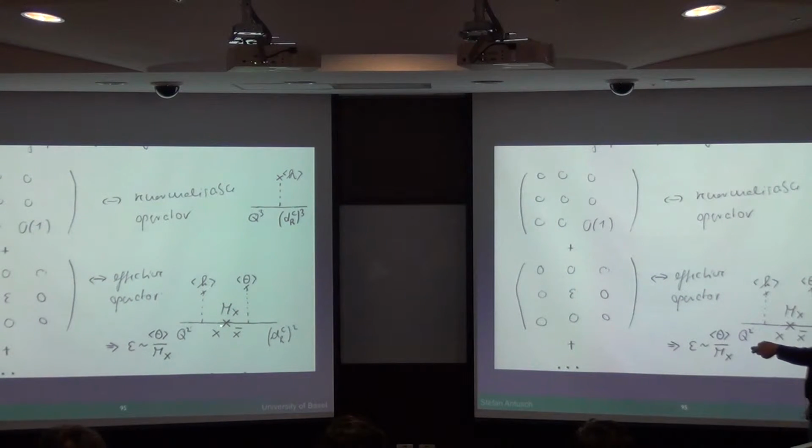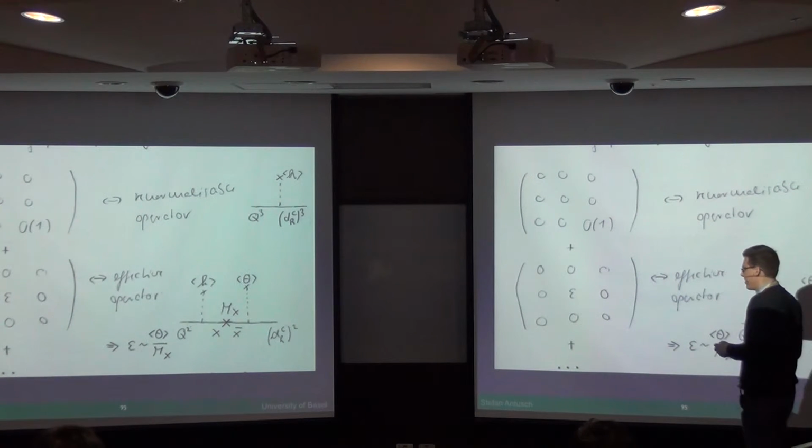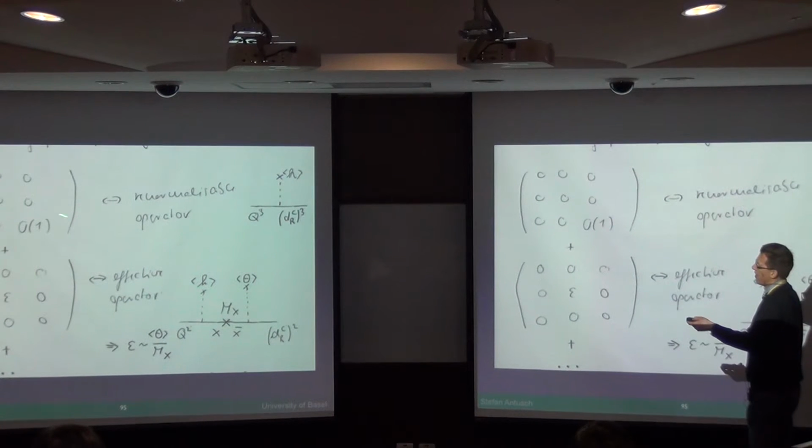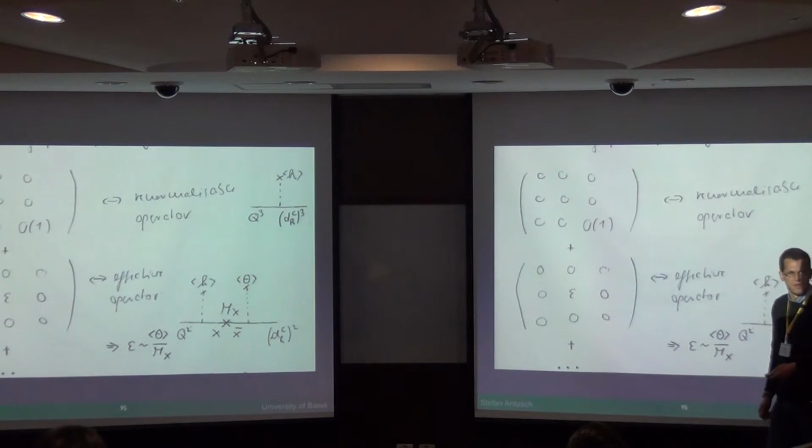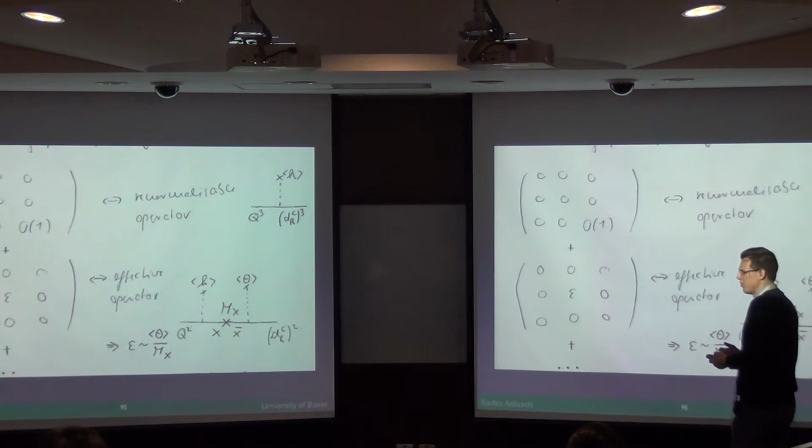So you're getting some entry here in a position which is smaller, suppressed by this ratio, and this could give you some kind of organizing principle here. But, of course, now we have to think, so why can't I just write down the same renormalizable operator here for the second family? And now, in order to have a model which is really explaining such a hierarchy, you need to add extra symmetries.